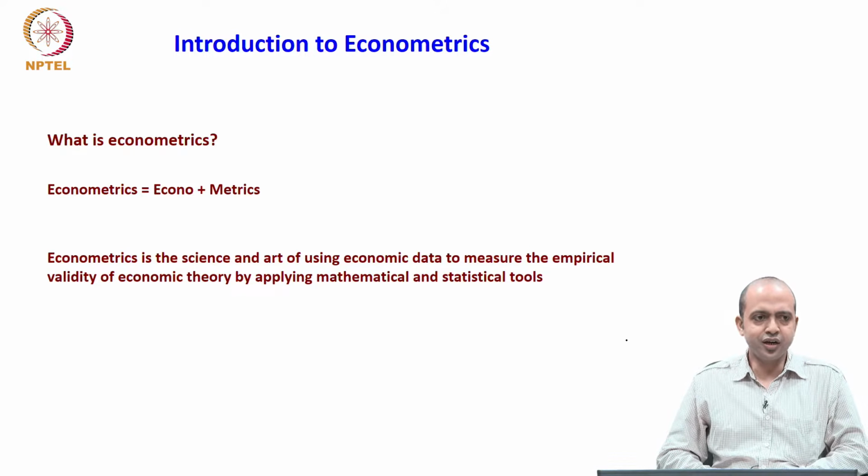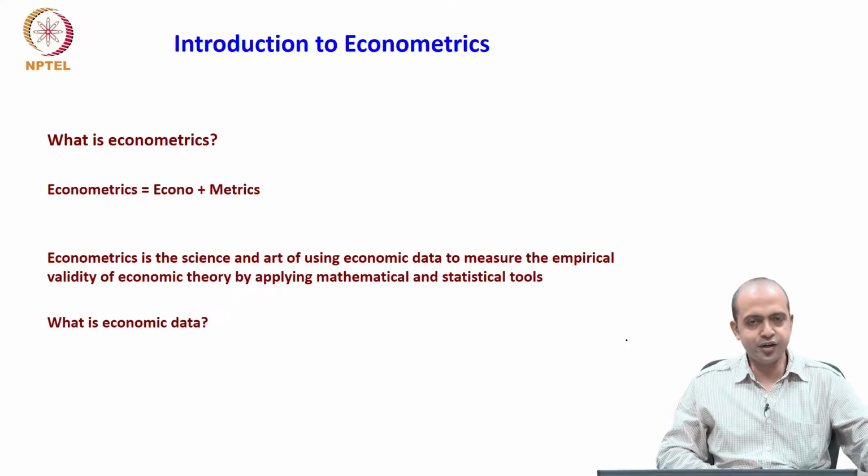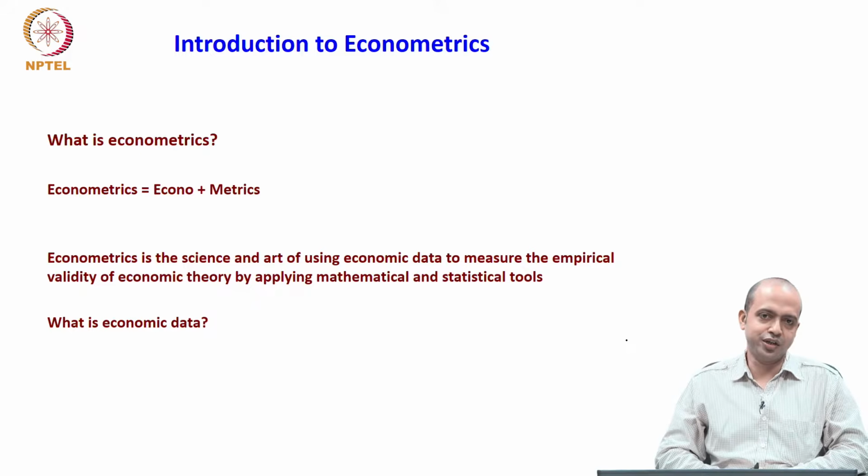And then it also says that econometrics is the science and art of using economic data, right. What is economic data? Economic data is basically the data generated from economic decision making. Generally, by economic data we think of GDP, money supply, rate of interest, inflation, all those variables, okay. These are the variables that come to our mind first.